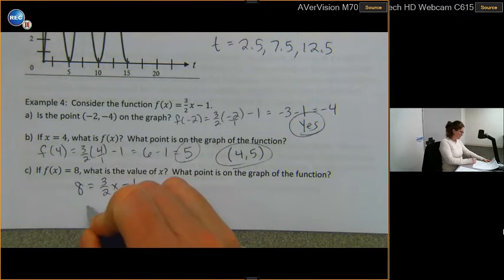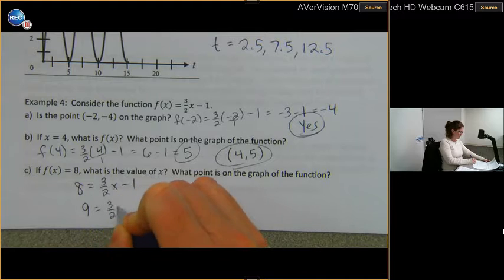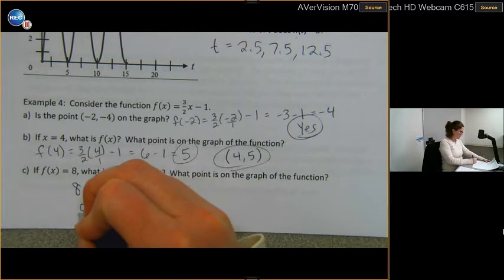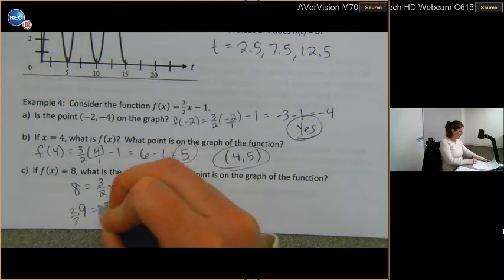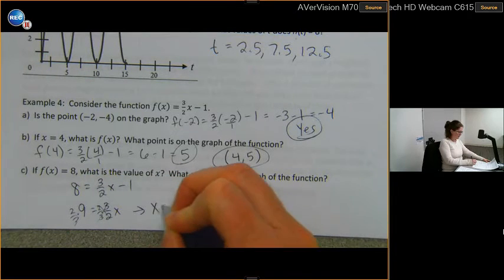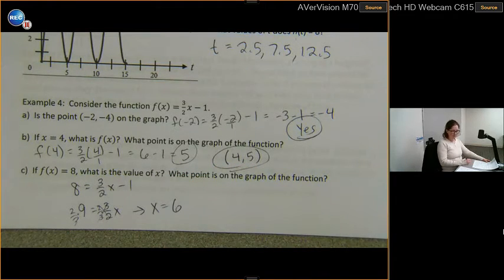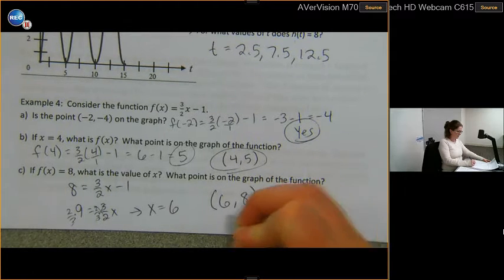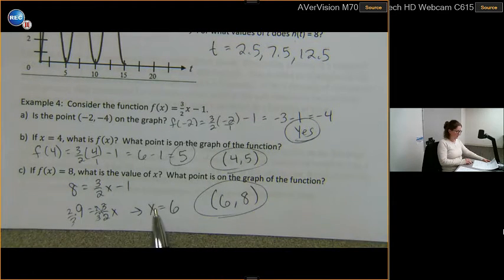I'm going to add 1, and then I'm going to multiply by 2/3, that's the reciprocal, and I get 6. What point is on the graph of the function is 6, 8. What x equals always goes first. What f of x equals goes second.